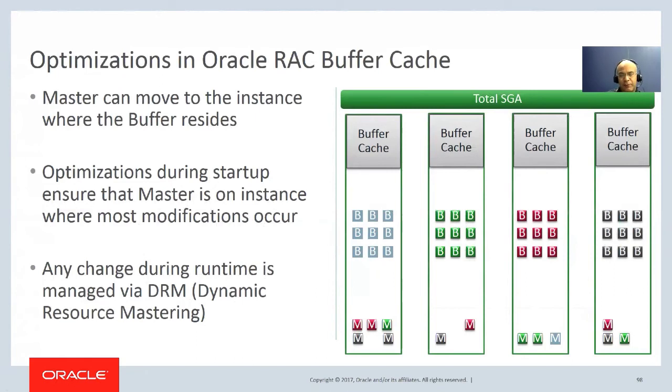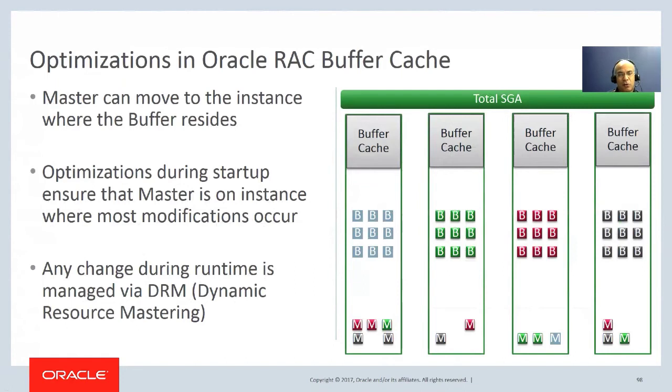There are 2 times when we do this. Remember, when all the nodes are down and you start up all the nodes and instances, during the buffer cache warm-up, we ensure that the master is moved to the node where most of the modifications have occurred. I have another slide which goes into a little more detail on that.